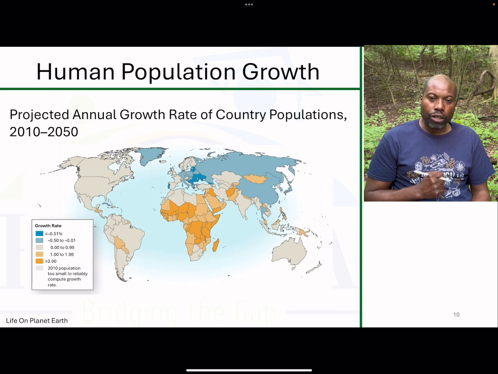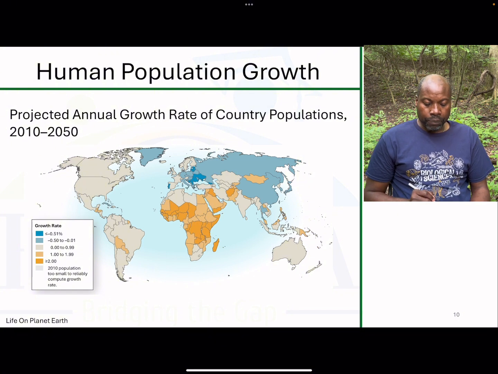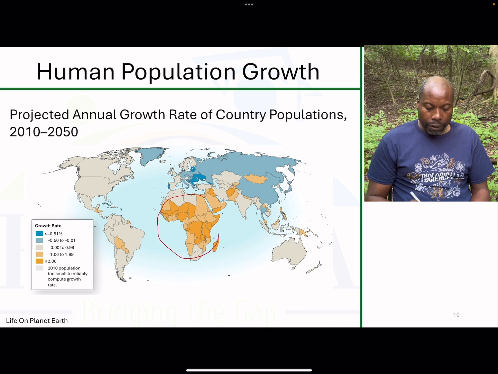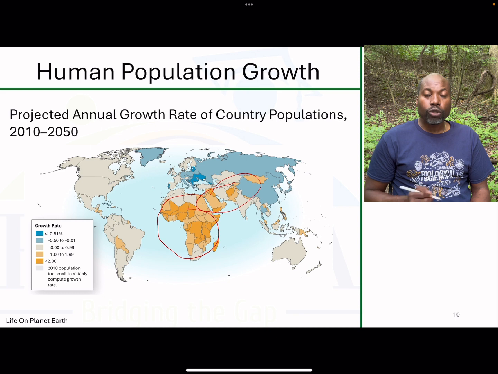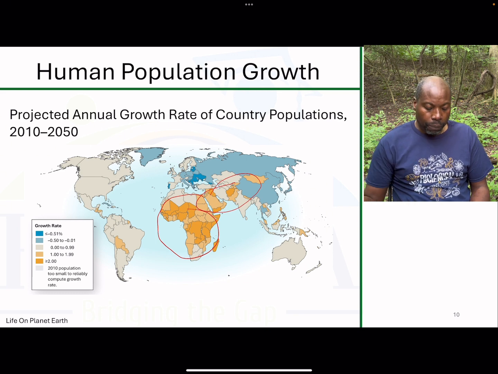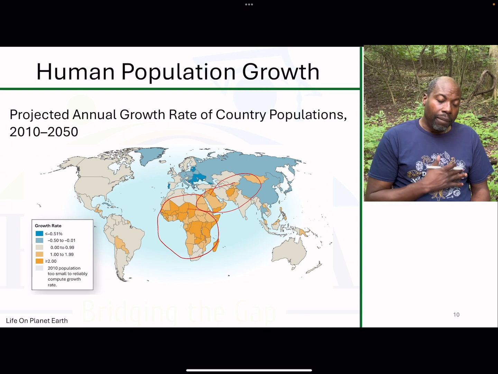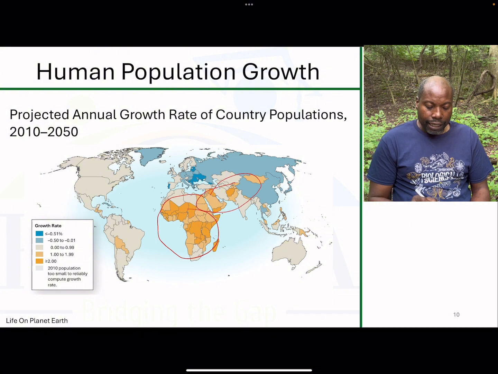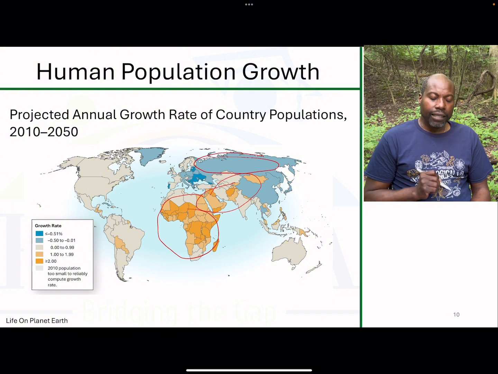So the projection of human population across the globe is that in regions such as Africa, India and Asia, we are going to see some growth in the population, while in some areas like the old world in Europe, and in some areas in Asia, the population is not going to grow that much.